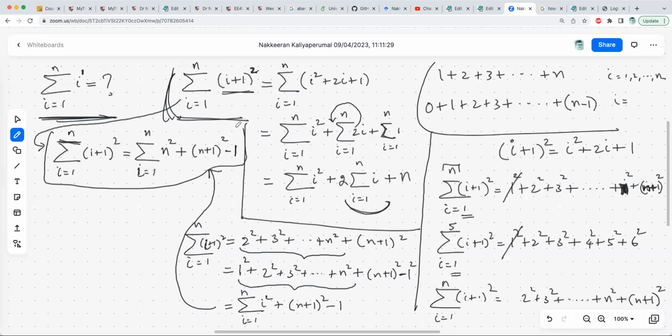Okay, so what we have done is split the summation of (i plus 1) whole squared, running from 1 to n, into three terms, conveniently, by looking at the actual expansion.